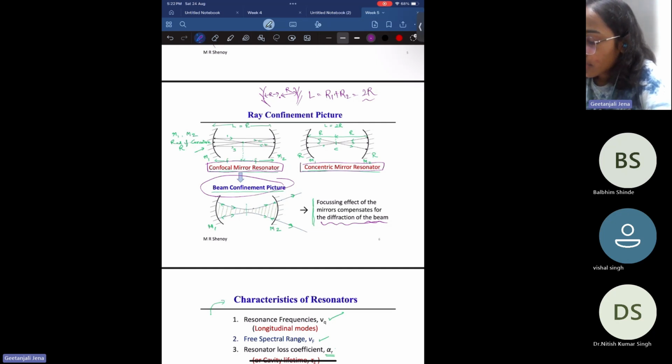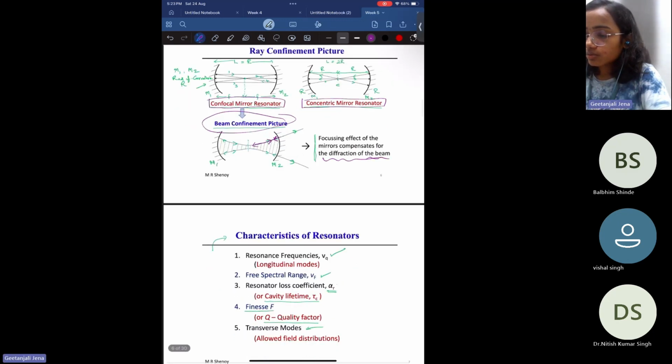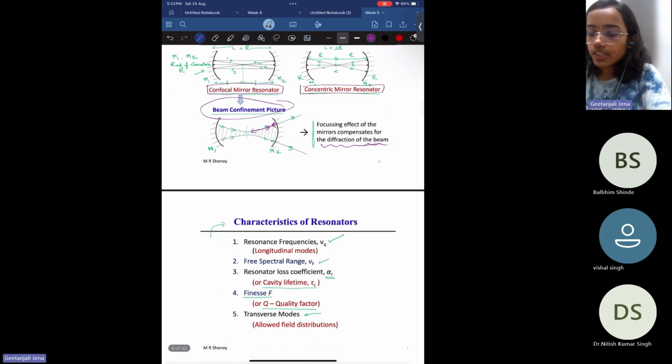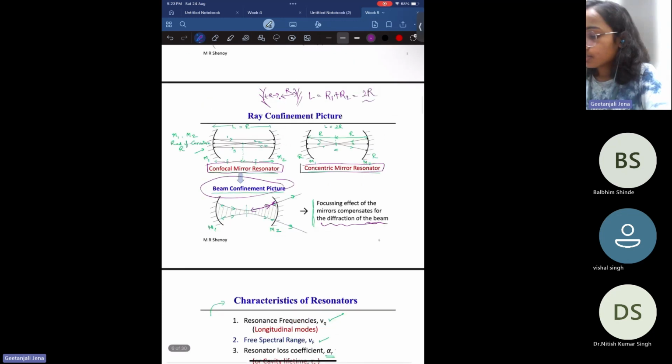If light is trying to bend at this surface, then because of the focusing effect of this mirror, it will be reflected back to the resonator. Okay. So the diffraction effect is compensated by the focusing effect of this mirror. So I think all of this is clear to you. Till now, do you have any doubt in the concept?